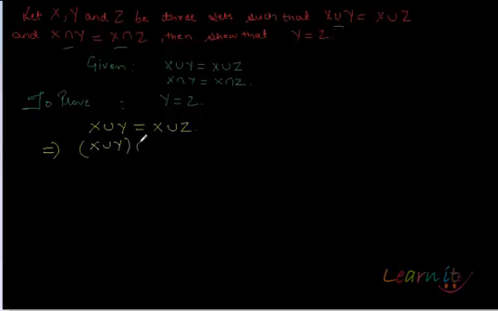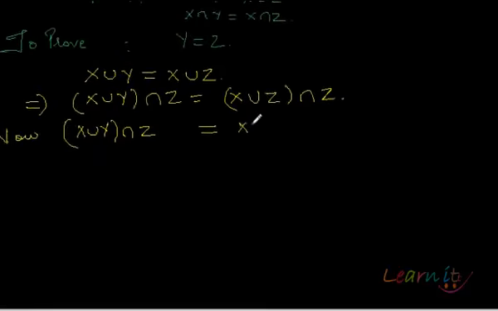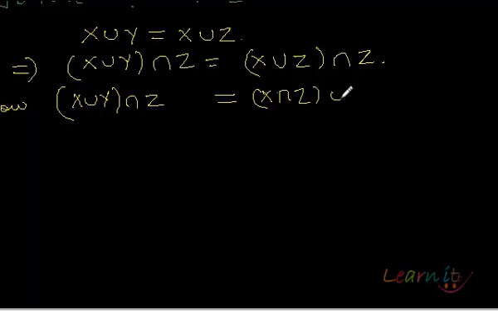So (X union Y) intersection Z will equal (X union Z) intersection Z. Okay, now X union Y is now this part, (X union Y) intersection Z. Now this equals X intersection Z union Y intersection Z.